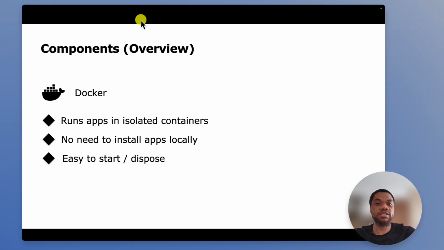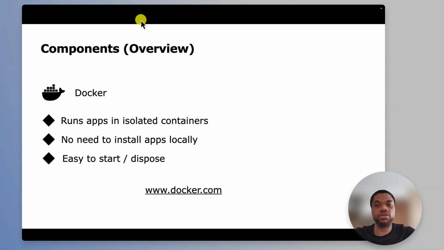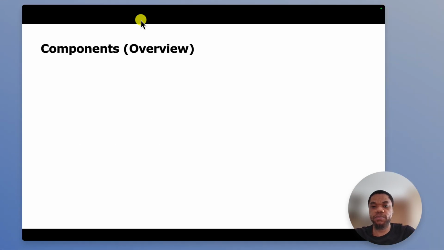Because it's easy to spin up containers, we can also easily dispose of all the resources we used in the course of running our application on Docker. You can find out more about Docker and download the Docker client from docker.com.